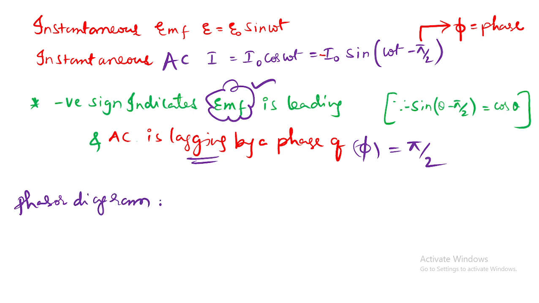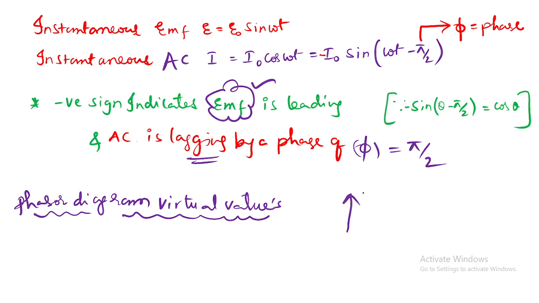Now the phasor diagram with virtual values. How would I show it now? Simple: voltage will be leading. It is a virtual value, E V or E RMS, you can write it.